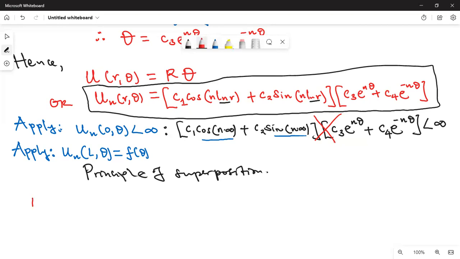We're going to get u of r, theta, not x, t, equals a naught over 2 plus the sum from n equals 1 to infinity of u_n of r, theta. So I'm going to write it.